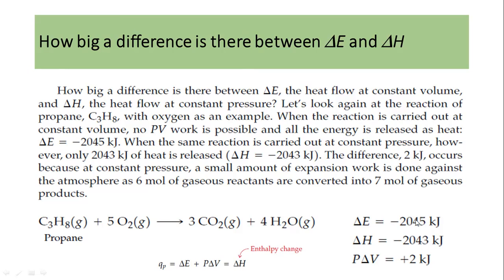When you take the difference between these two values, you get 2 kilojoules. This gives an indication that a small amount of expansion work is done against the atmosphere, as 6 moles of gaseous reactants are converted into 7 moles of gaseous product.